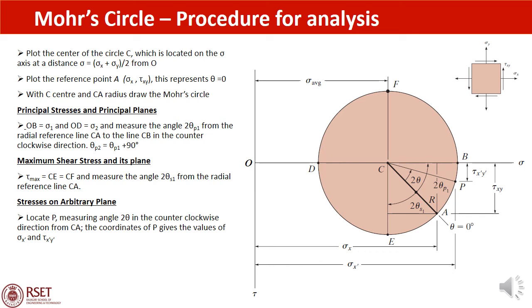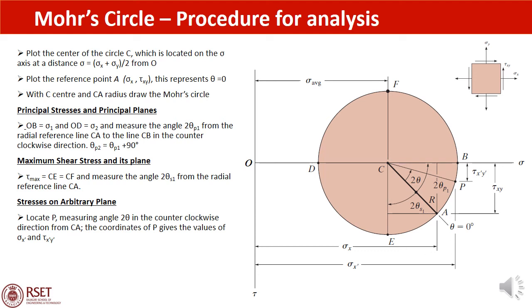Now how to locate the maximum shear stress and identify the plane on which this maximum shear stress is acting? From the diagram we can see that the maximum values of shear stress tau are along the lines CE and CF. So tau max is equal to CE equal to CF, and their planes can be located by measuring 2 theta S1 from the radial line CA.